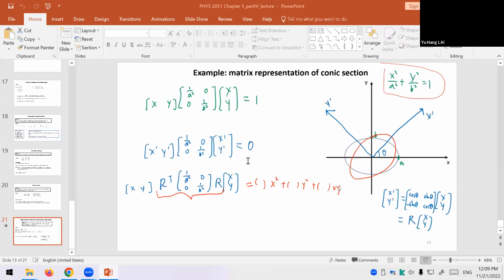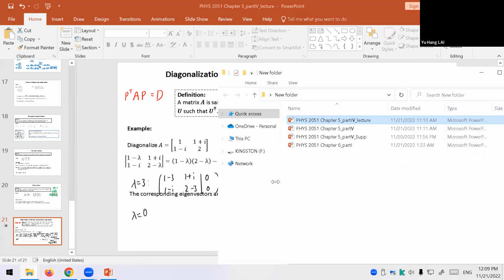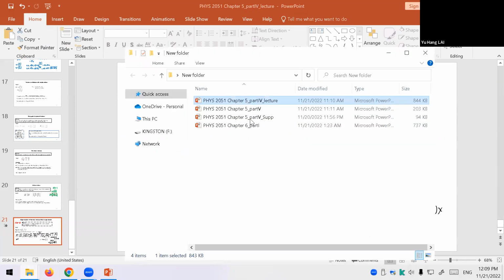So now let's jump to the last part of this chapter, which is known as the system of linear differential equations again.